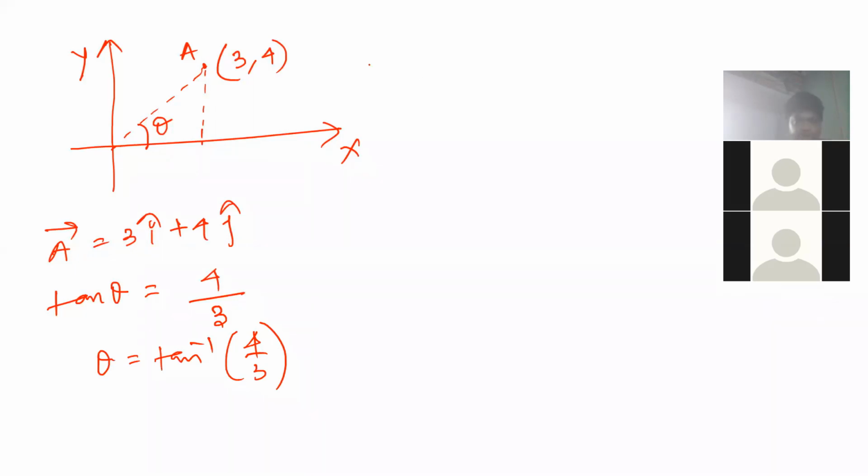Now I'm just drawing a small separation line, because I have done this only for a vector so far. I have to do it for b vector as well. So let me change the ink. This is the coordinate axis I have drawn here again. This is my x-axis, that's my y-axis.